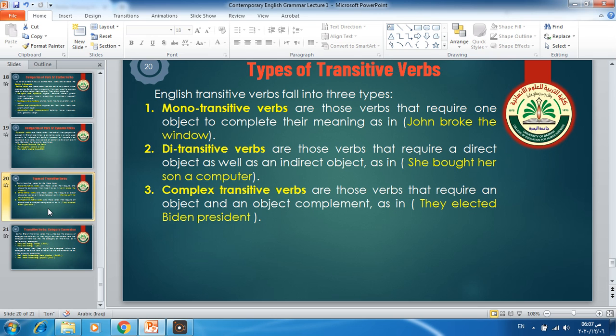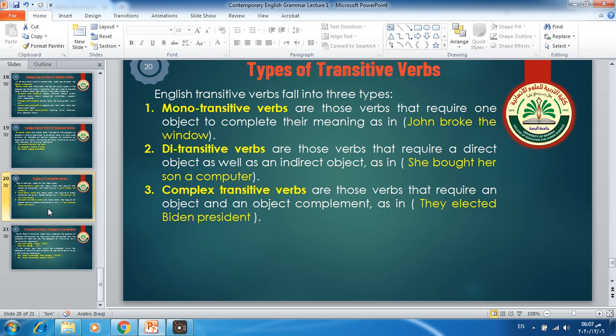And we have ditransitive verbs, and they are the verbs that require a direct object as well as an indirect object, as in she bought her son a computer. And we have also complex transitive verbs. These are the verbs that require an object and an object complement, as in they elected Biden president.